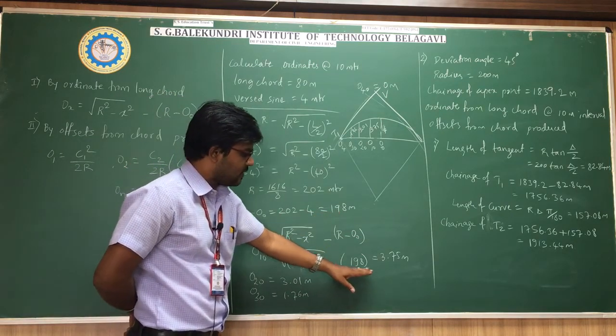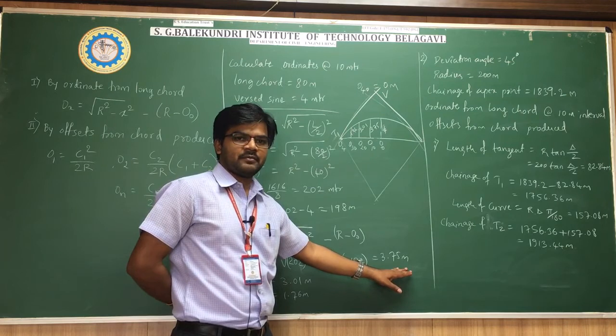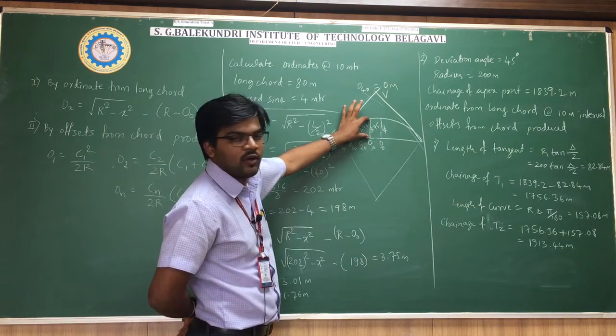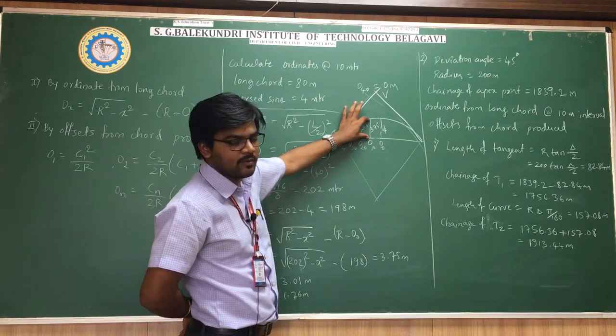You will get 3.75 meter. This is the first ordinate, the height of the ordinate is 3.75 meter.